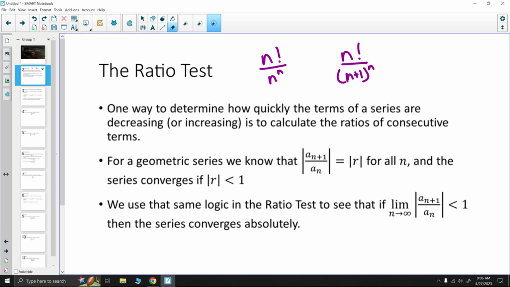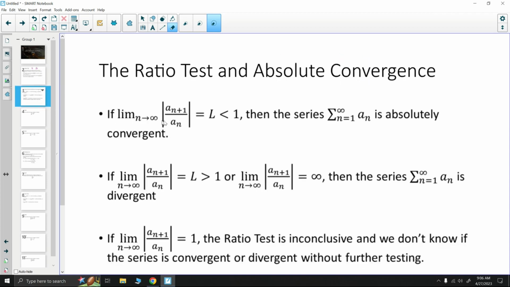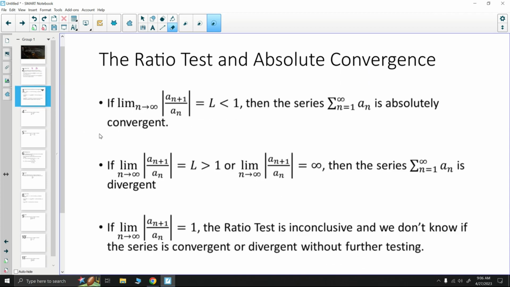If we could show absolute convergence, then we know the series converges, and we know it acts in a really predictable way. That is, we can rearrange it to maybe show what the exact sum is. That's basically what we're doing here, the ratio test and absolute convergence.